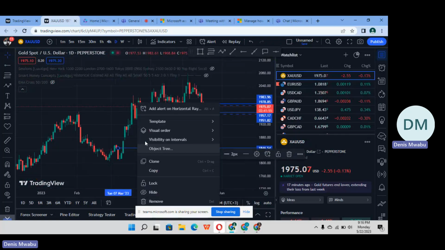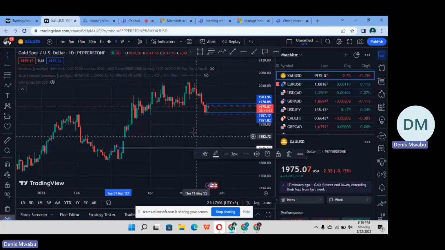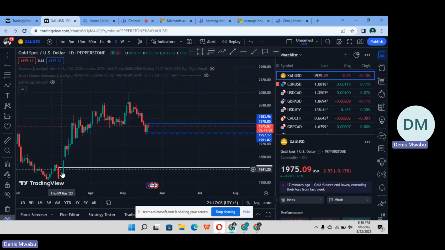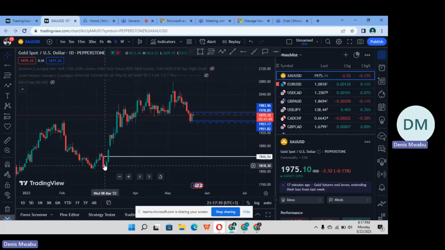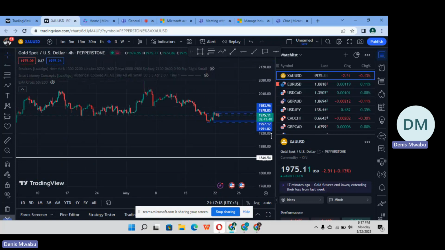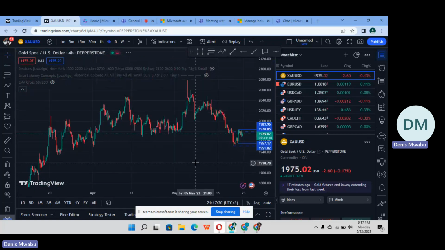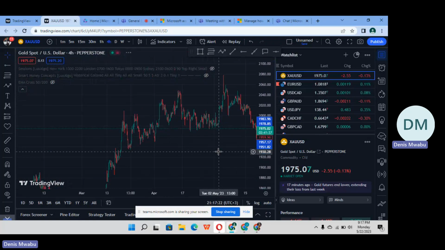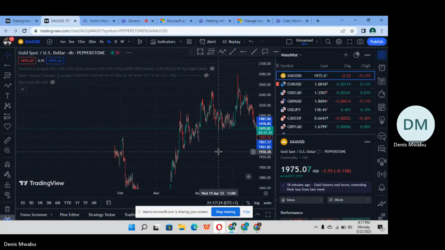I usually mark supply and demand. So this demand zone here is the one that has caused gold to have this move up to this zone, right? When I go to the 4 hours time frame, I'm able to see we have a supply zone.